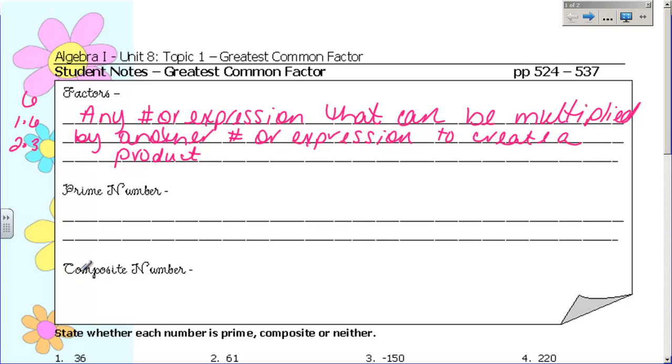So, two other definitions. Prime number. A prime number is any whole number greater than 1. By greater than 1, I mean it can't be 0, it can't be 1, or it can't be negative. So it's got to be greater than 1 that has only 2 factors.